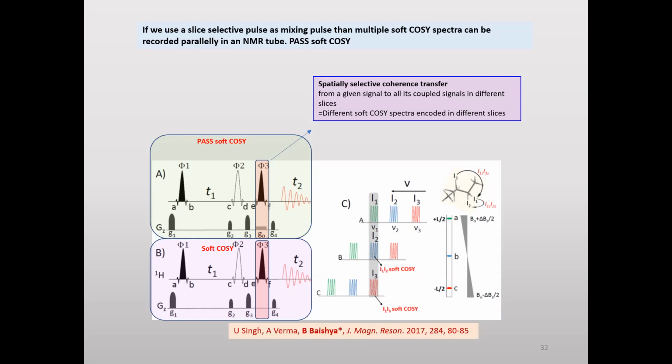This third pulse is the slice-selective coherence transfer pulse; it selectively transfers the coherence from I1 to I2 in a separate slice B, and I1 to I3 coherence transfer takes place in another slice C. And this preserves the spin state selection, which is the main focus of soft COSY kind of spectrum. So in one experiment, one can record multiple soft COSY spectra.